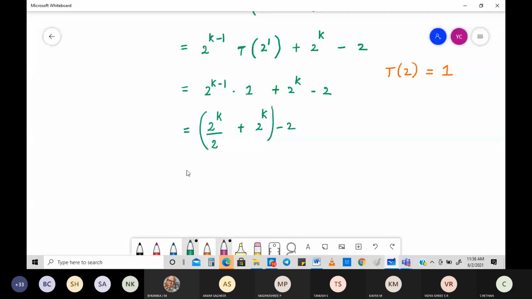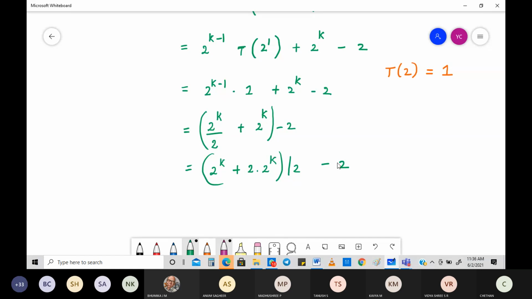If I write the next statement, what is going to happen? 2 to the power of k plus 2 into 2 to the power of k, whole divided by 2, minus 2. What did I do? I didn't do anything, I just multiplied 2 into 2 to the power of k.